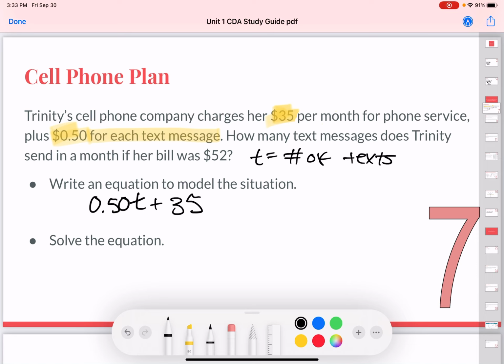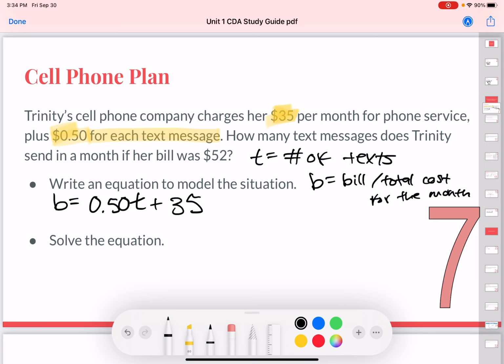And so her bill, I'm going to represent B, is bill or total cost for the month. So then B equals 0.50 T plus 35.